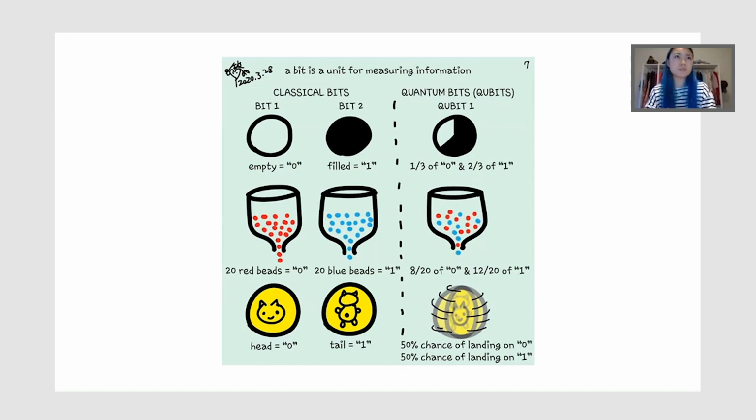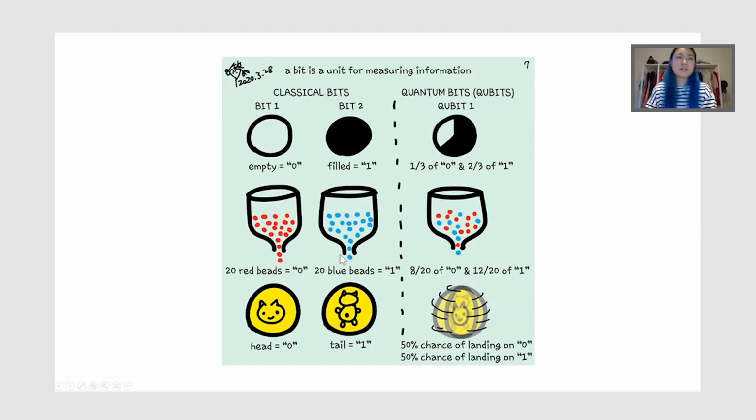If you have a circle that is empty, you can call it 0. If it's filled, you can call it 1. But in a quantum system, you could have them in superposition, which means you can have one circle, but then you have a probability of having it filled and another probability of having it empty. Then you see, okay, in this case, I have 1/3 of 0 and 2/3 of 1.